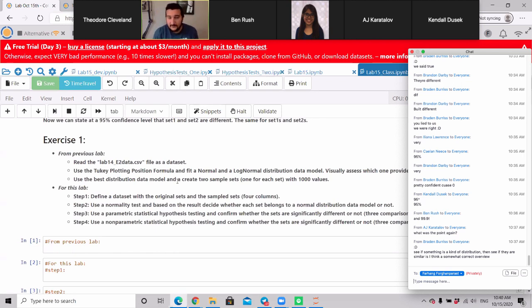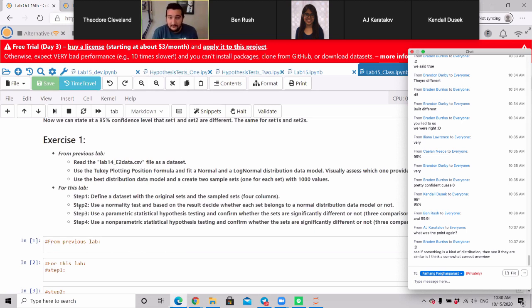Then you use that model to create 2 sample sets, one for each set, with 1,000 values. I think in lab 14, you were asked to create that with 100 values. For this one, go ahead and make it with 1,000 values.